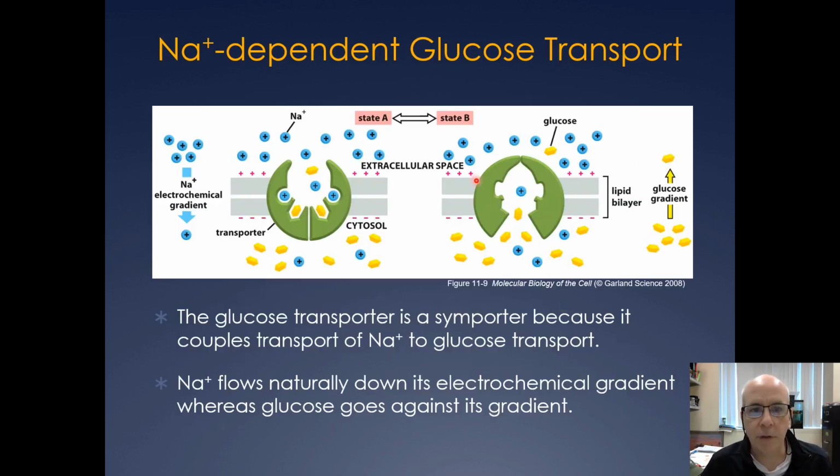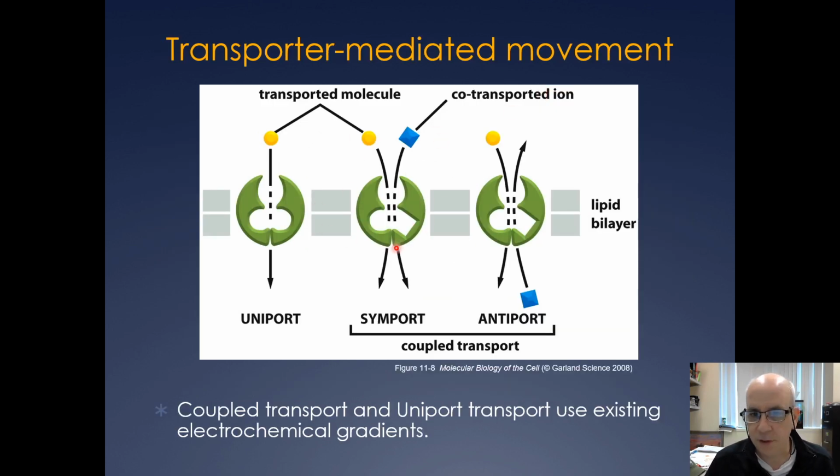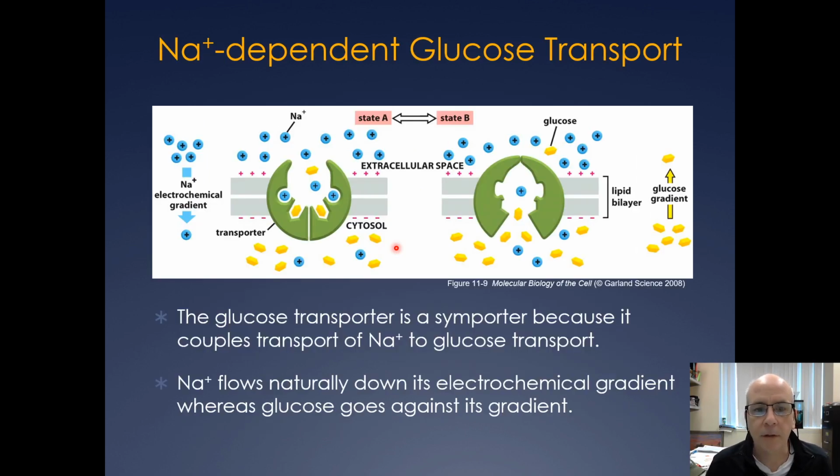And you can see that with the sodium-dependent glucose transporter. This is going to be one of these symporters right here, where you have sodium concentration high outside the cell, right? We covered that when we looked at that table. Sodium is high outside, and the cell wants to take up glucose. Glucose will normally be higher inside the cell. You can think of this almost as the intestinal epithelium, where you want to be taking up glucose in food sources.